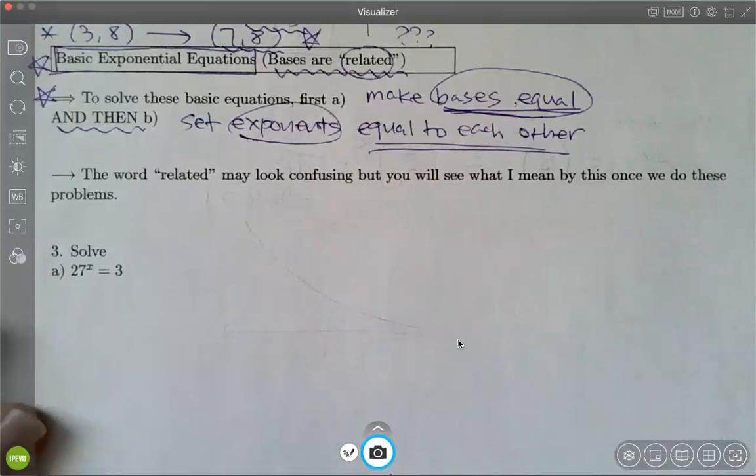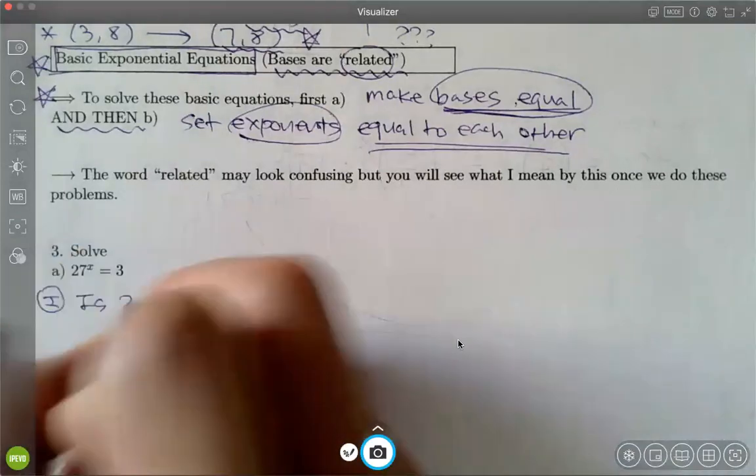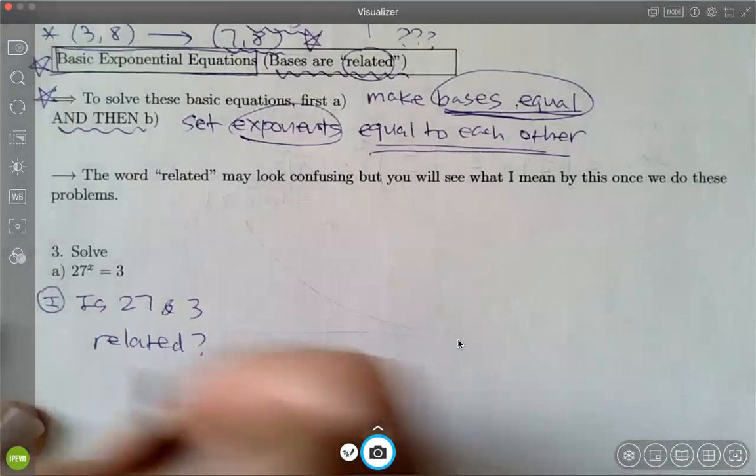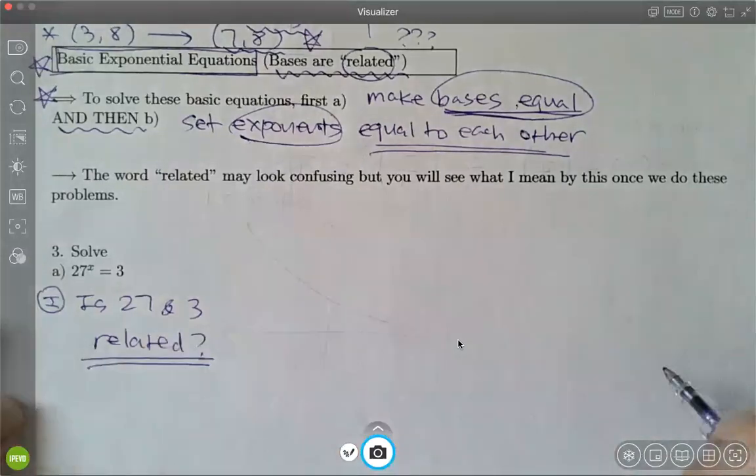And what are they? 27 and 3, right? Are they related? Yeah, 27 is 3 times 9, but not in terms of multiplication. So are 27 and 3 related? And how are they related?